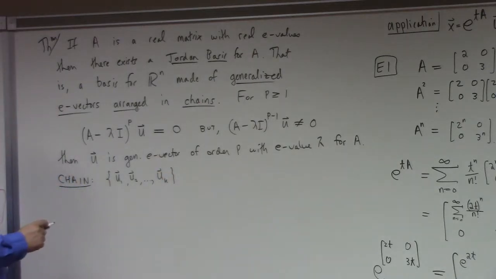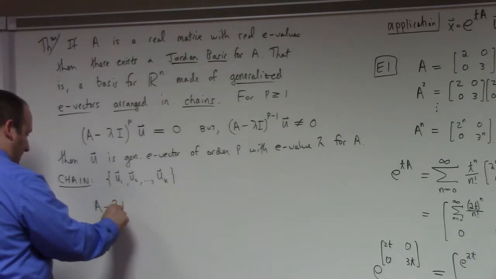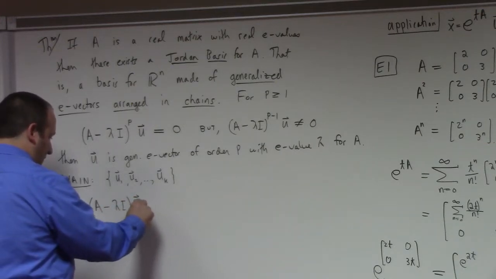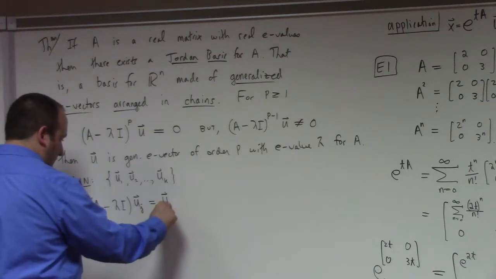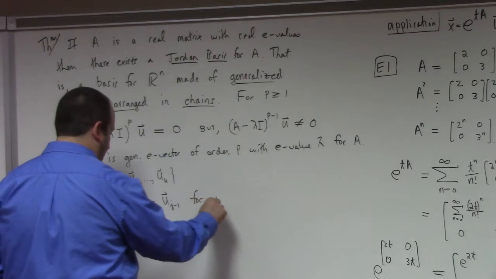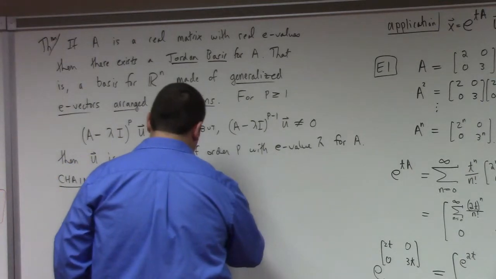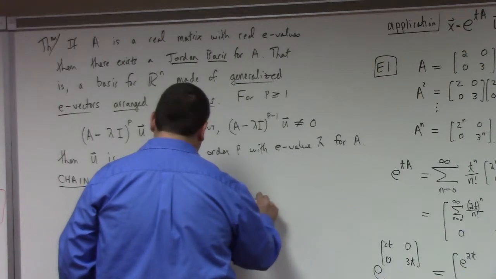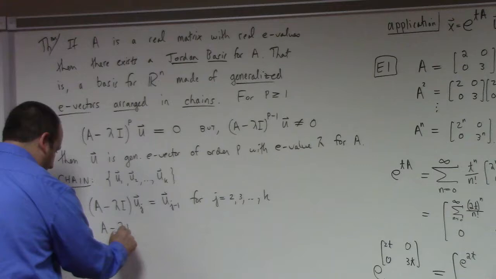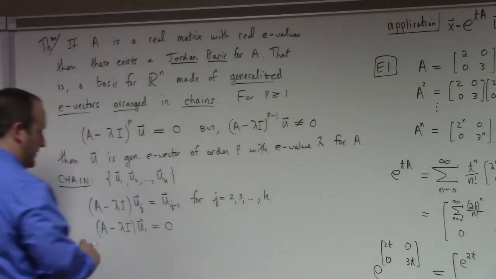And the way it works is that (A minus lambda I) times uj is equal to u(j minus 1) for j equal to 2, 3, all the way out to k, and (A minus lambda I) times u1 equals 0.